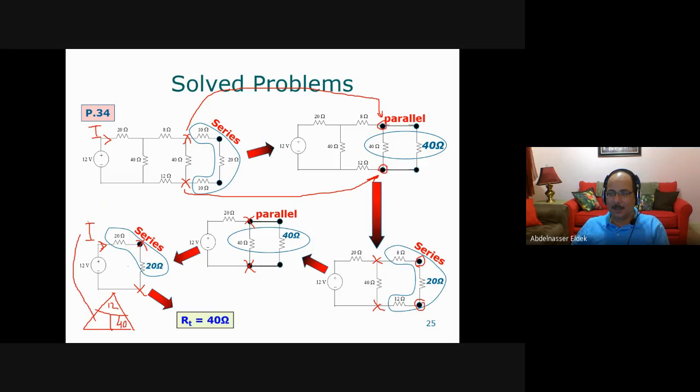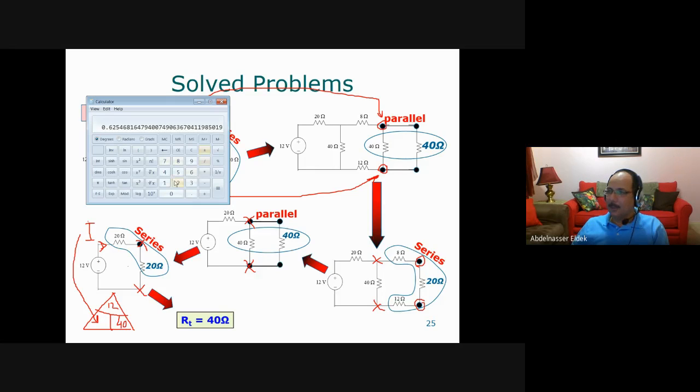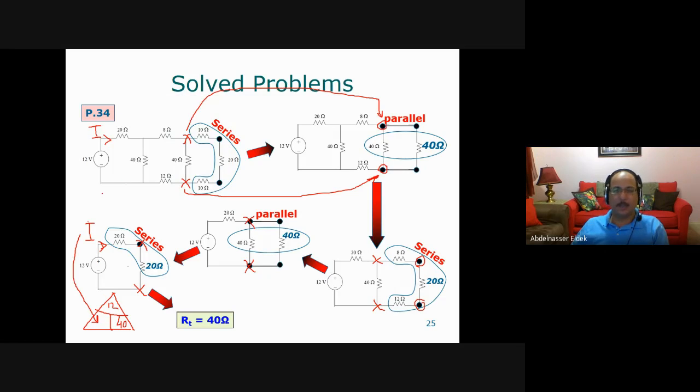The current equals 12 divided by 40, which is about 0.3 ampere. Let's calculate it. 12 divided by 40 equals 0.3 ampere. So the current is 0.3 ampere.